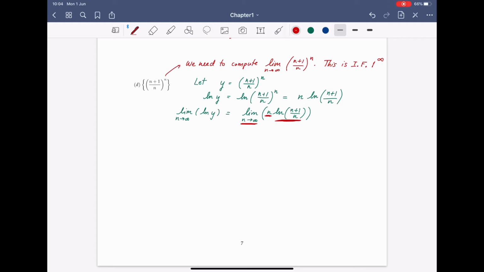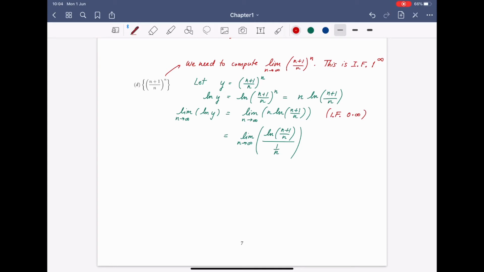So this is going to be the indeterminate form 0 times infinity now. If you remember from Cal 1, if you face something like this, you have to simplify until you get 0 over 0 or infinity over infinity. So what we are trying to do here is move n down to the bottom. I keep log of n plus 1 over n on the top, and I move n down to the bottom, so it must be 1 over n.